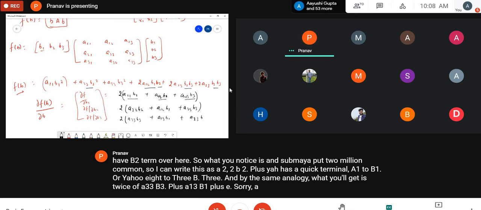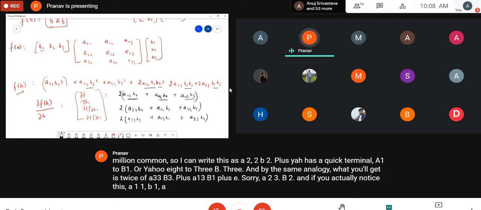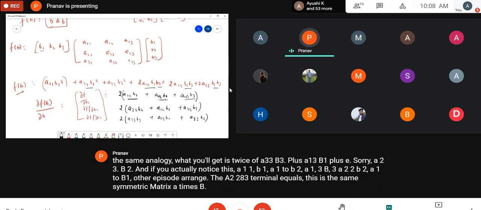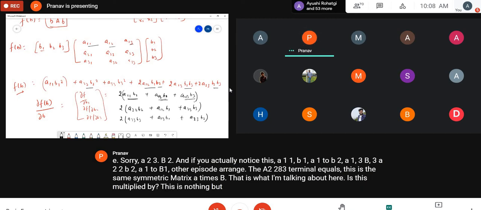And if you notice this a11 b1, a12 b2, a13 b3, a22 b2, a12 b1, if you arrange it a little, write the a22 term here, the a33 term here, this is the same symmetric matrix a times b. That is, what I'm talking about here, this multiplied by this is nothing but this term.